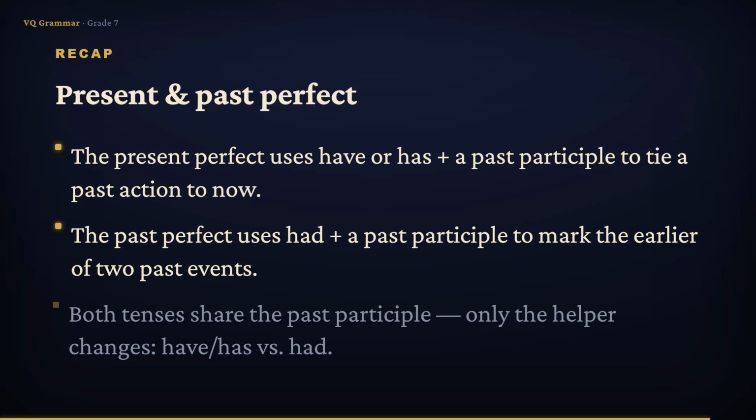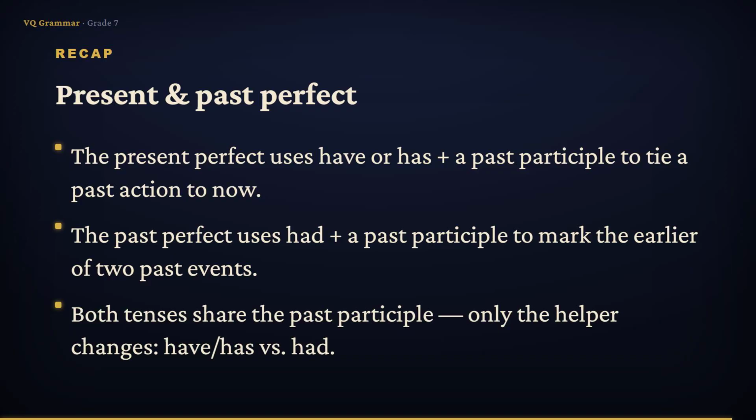The past perfect uses had plus a past participle, and it marks the earlier of two past events, the past before the past. Both tenses share that past participle. The only thing that changes is the helper, have or has for the present perfect, and had for the past perfect. Pick the helper that matches your timing, and you've got it.